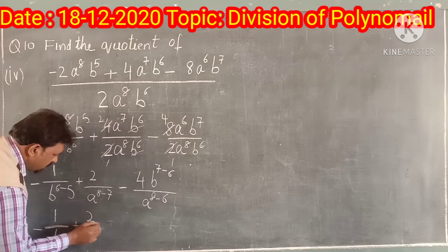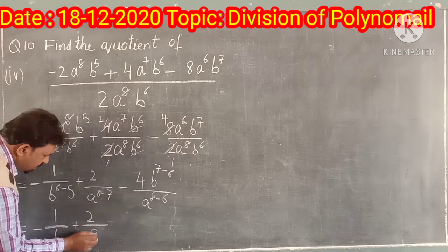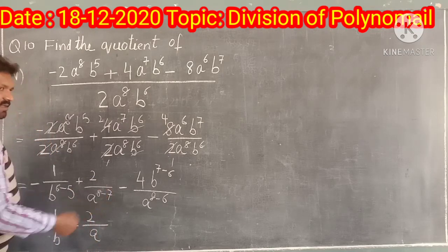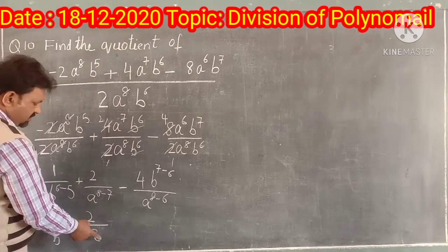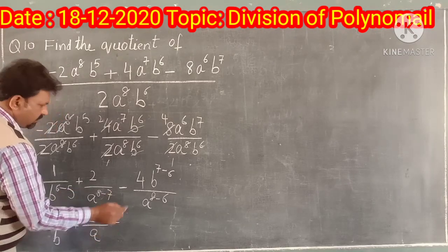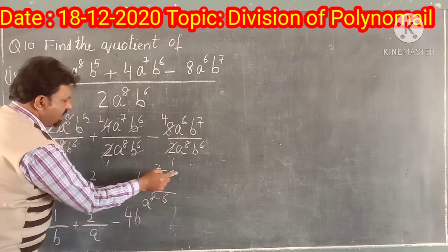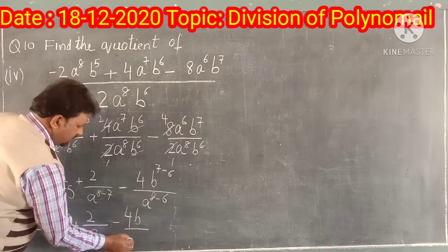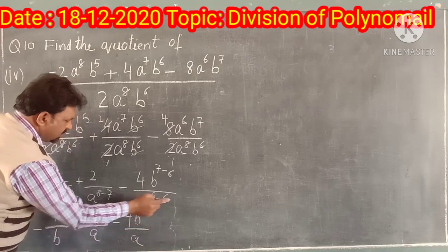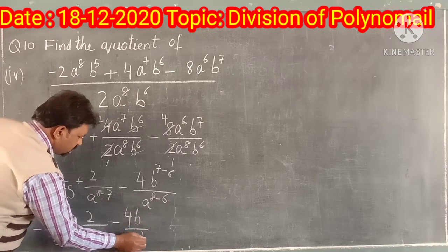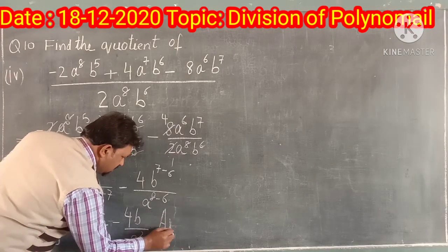Okay, 2 upon a power 8 minus 7, so the power will be 1, minus 4b power 7 minus 6, 1 upon a power 8 minus 6, 2. So this is the answer.